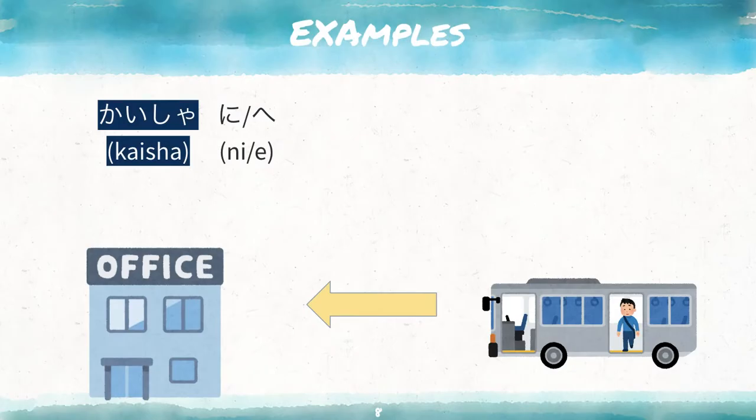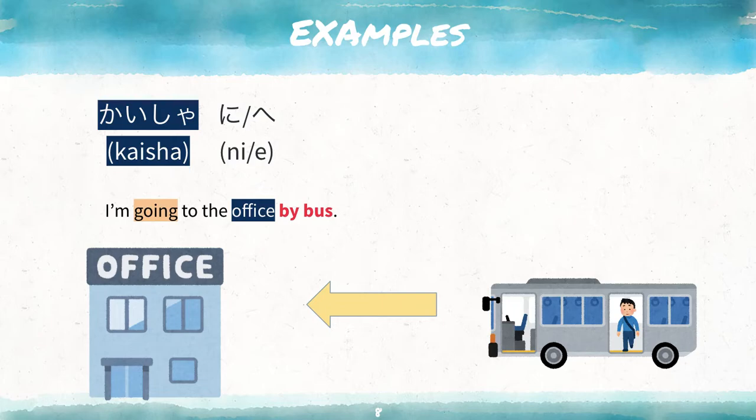Okay, the next example is also similar to the last example. There's a man right here, and as you can see, he's taking the bus and heading to the office. If I wanted to say I'm going to the office by bus, we're going to use the same method.